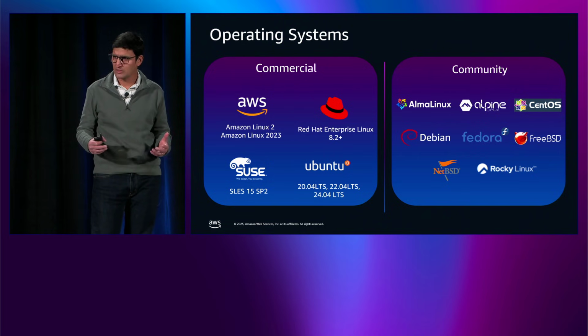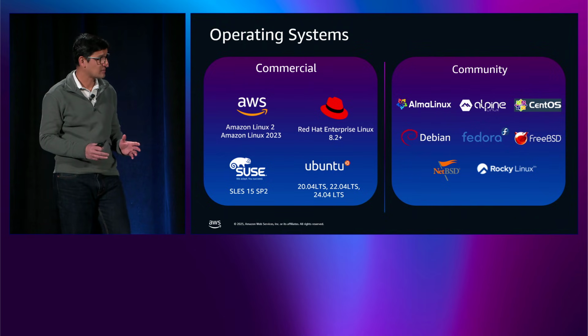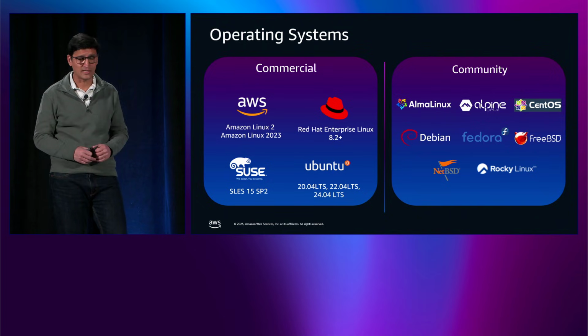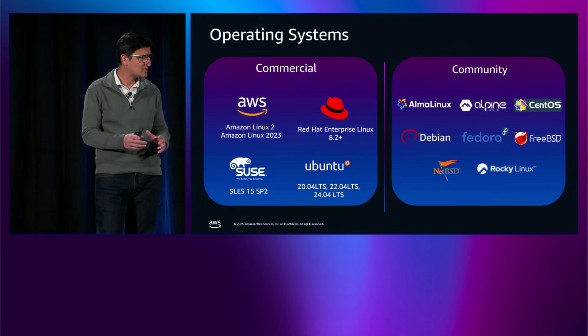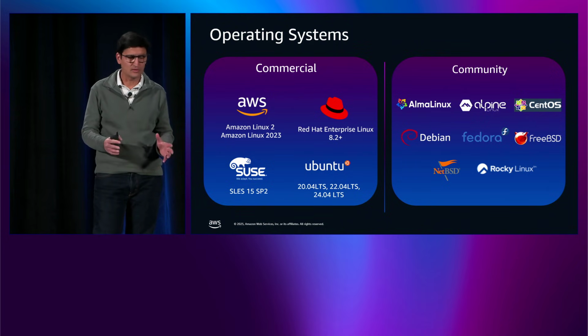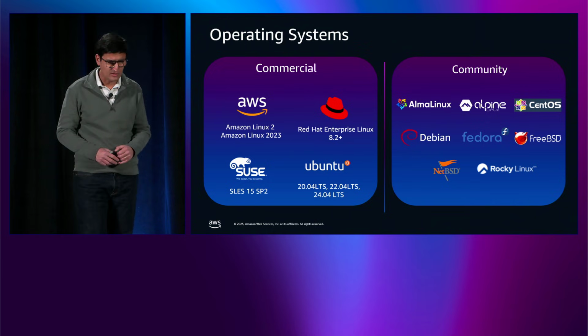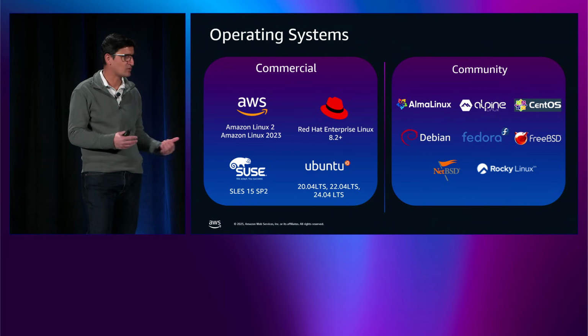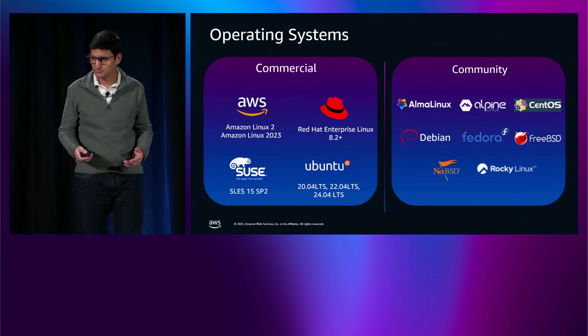All of these operating systems have official ARM64 builds. And these ARM64 builds get regular patches and security updates. And so the OS ecosystem for Graviton is very mature and stable, which means that you can bring your applications to Graviton without any major OS level changes.